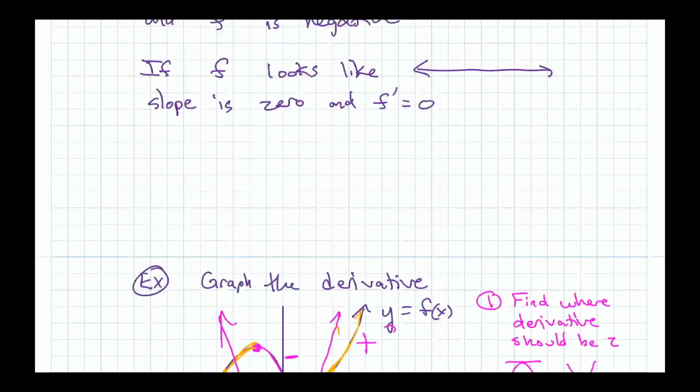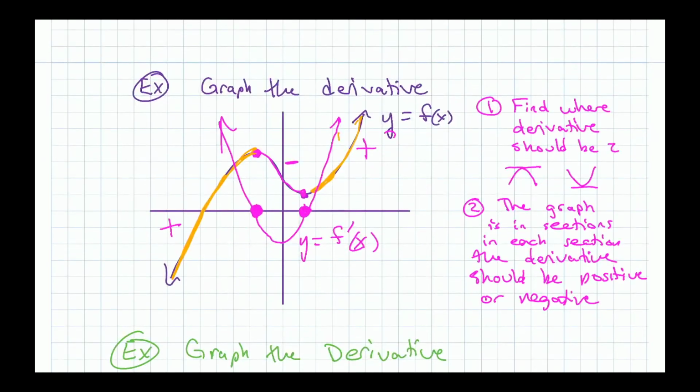And that's why up here, the original curve looks like a cubic. And that's why I drew the derivative as a quadratic. Quadratic is a parabola. So I knew that.